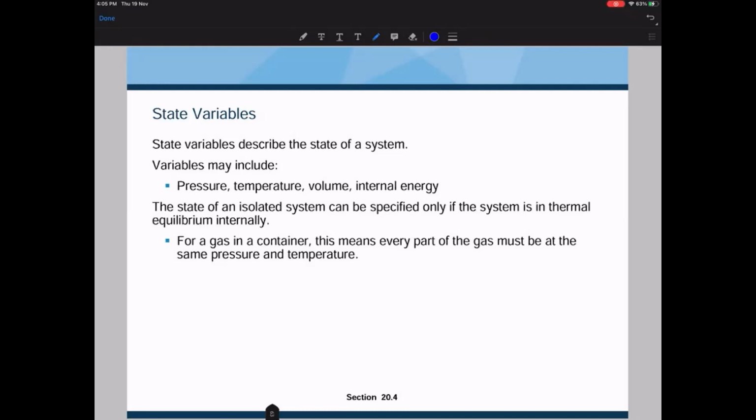So these variables may include, for the case of a gas, the pressure, the temperature, the volume, and also the internal energy.